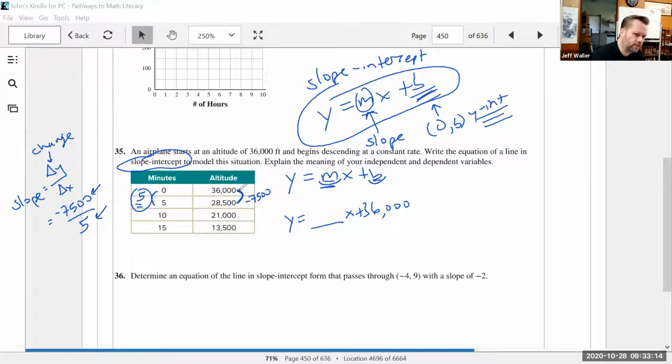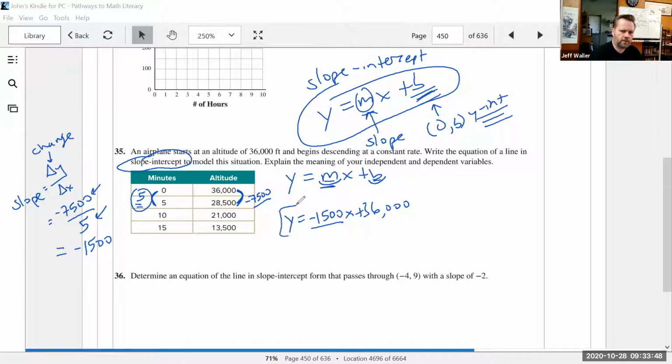The y's step down by 7,500 while the x's step up by 5. So it's a ratio of those. We know the slope is a ratio. We know it's a rate. So then what do you get when you divide that? Negative 1,500. Good. So that'll go right there.